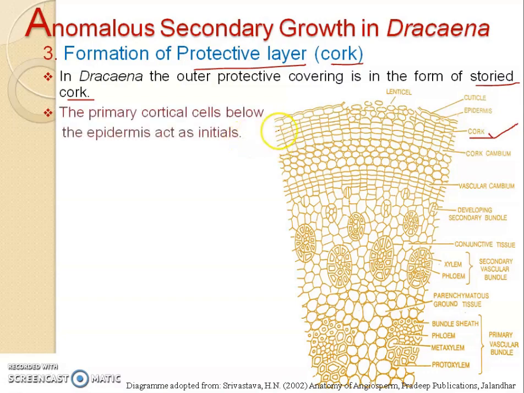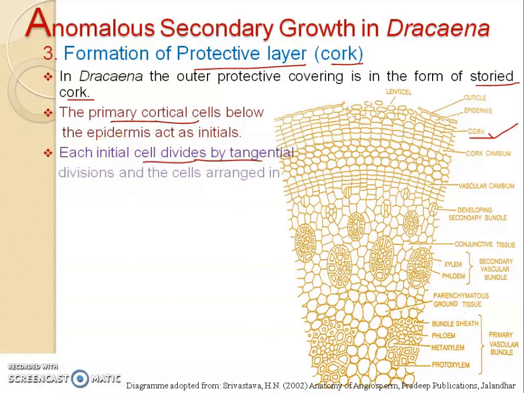The primary cortical cells below the epidermis act as initials. Each initial cell divides by tangential divisions and the cells are arranged in a radial row.